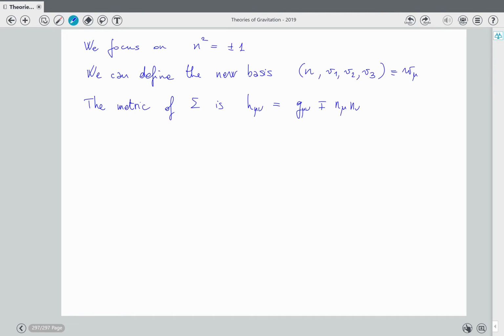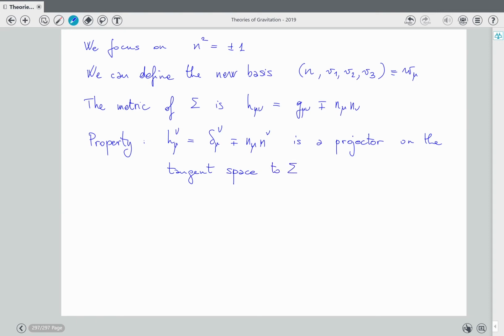Well, first we observe that when we take this object and raise one index, we obtain a projector on the tangent space to sigma.